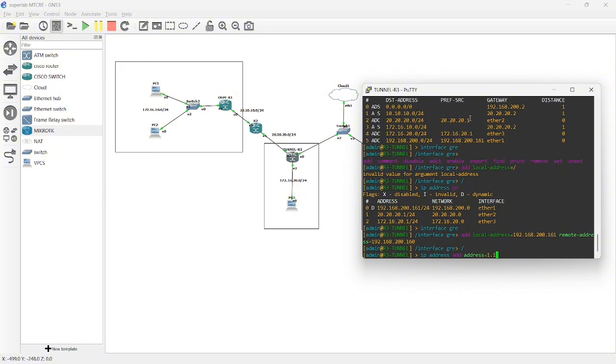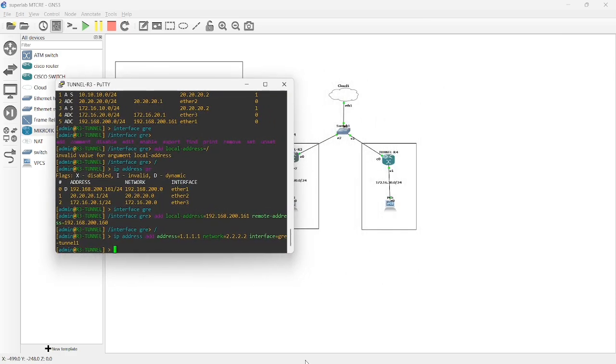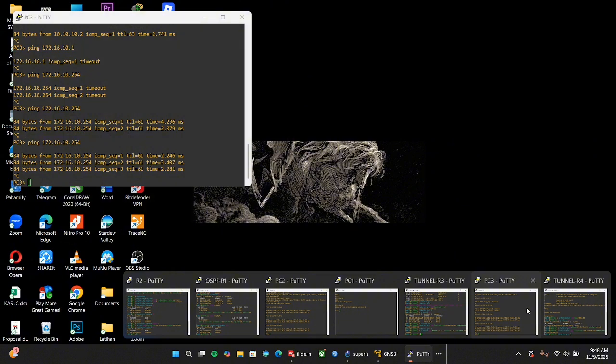okay, next to the router 3 we add the IP address 1 and the network is 2.2, and the interface is Gare. Okay, same to the router 4 and the reverse IP.